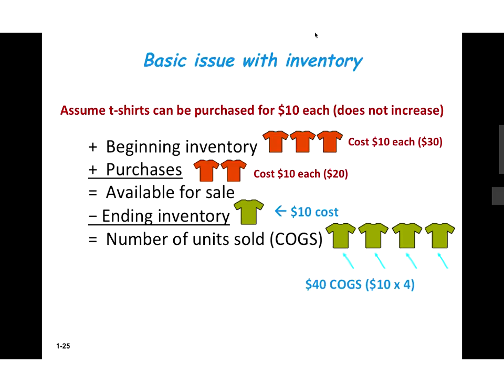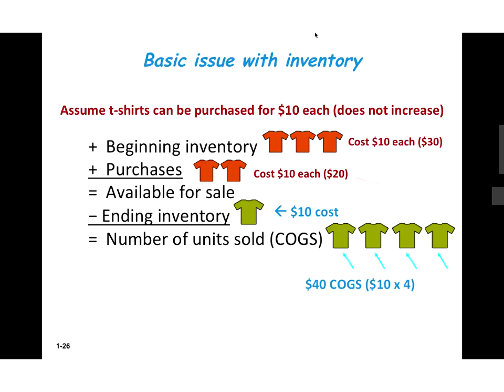We sold 4 t-shirts at $10 each. So when we sold them for whatever selling price, but we sold them at a cost to us of $10 each, because we're dealing with the cost of our inventory and the cost of our sales. It's inventory and cost of goods sold.